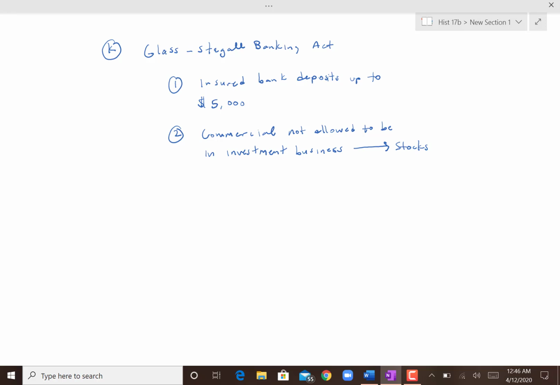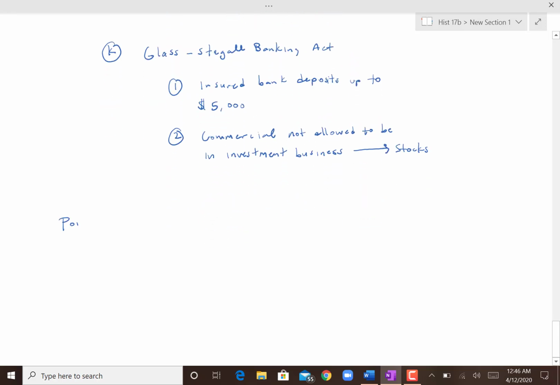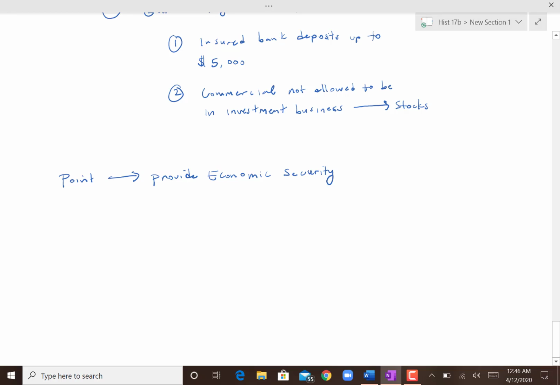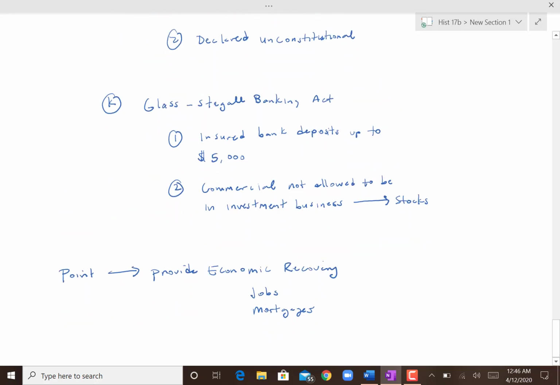So that's the first New Deal. And the whole point of the first New Deal was a sense of trying to provide economic security, right? If you look at the different acts and what they were doing, it was to provide economic recovery, and you did this through jobs, mortgages, keeping it so that people can have their homes, and some with looking at regulation.